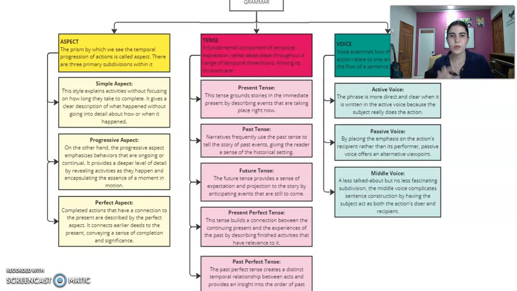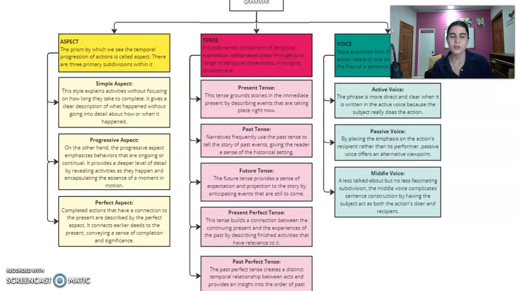The divisions are present tense, past tense, future tense, present perfect tense, and past perfect tense. Basically it's the present, the past, and the future, and this little weird tense, present perfect and past perfect.